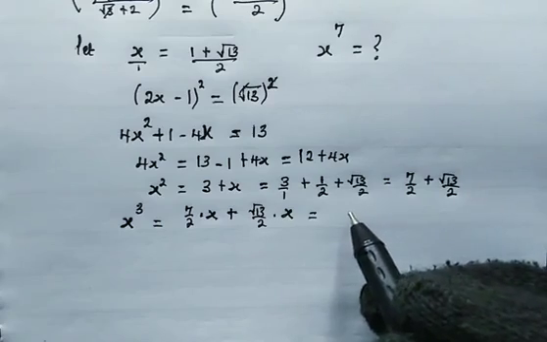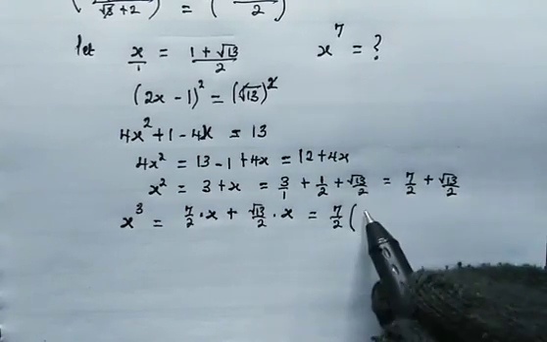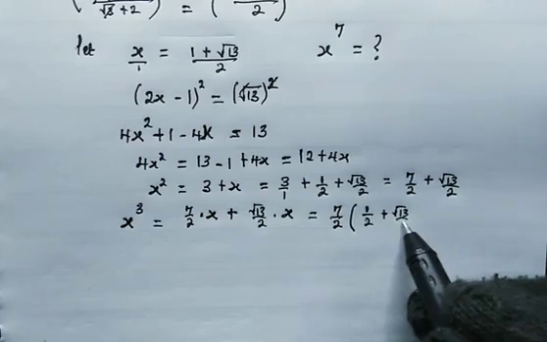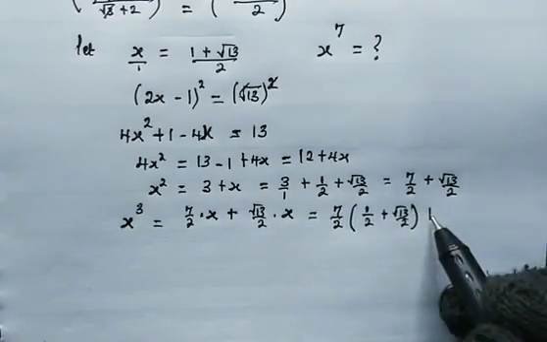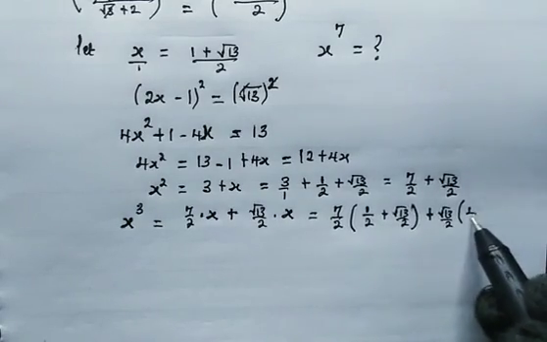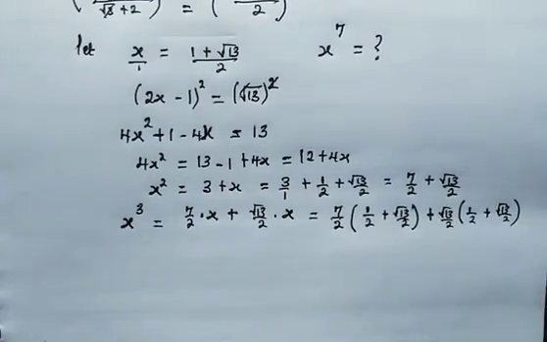And what is x? 1 over 2 plus root 13 over 2. So we have 7 over 2 in brackets 1 over 2 plus root of 13 over 2, plus root 13 all over 2 in brackets 1 over 2 plus root of 13 over 2.